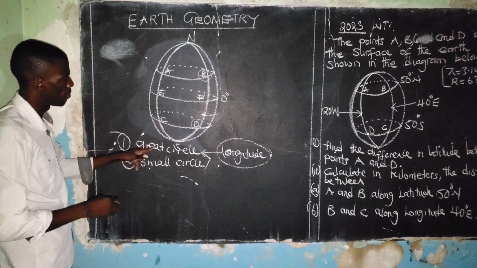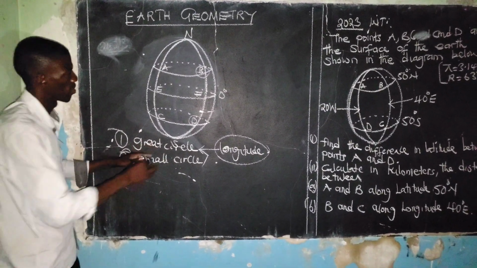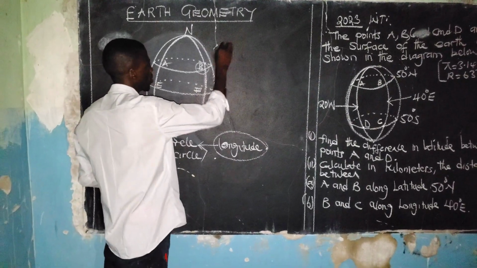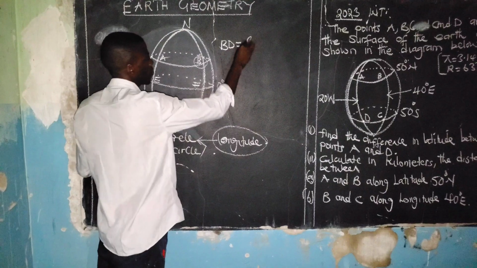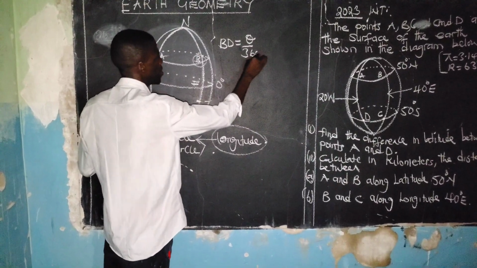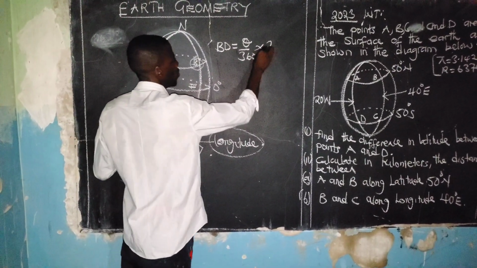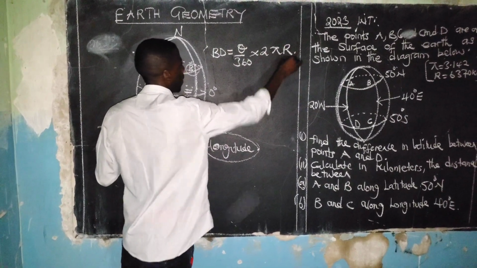So what's the formula for distance along a great circle? So distance along great circle, for example, BD, we can say is equals to theta over 360 times 2 pi r.